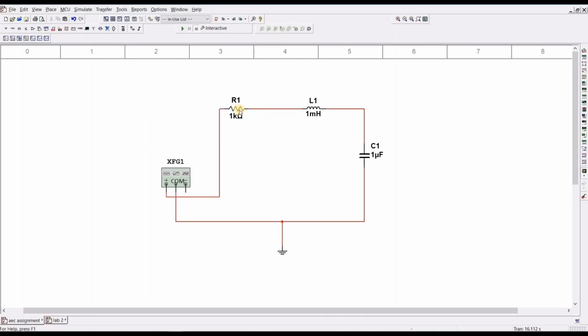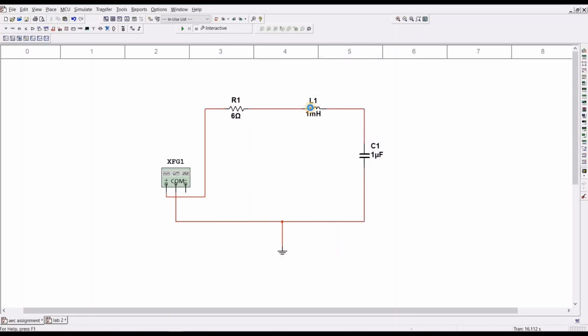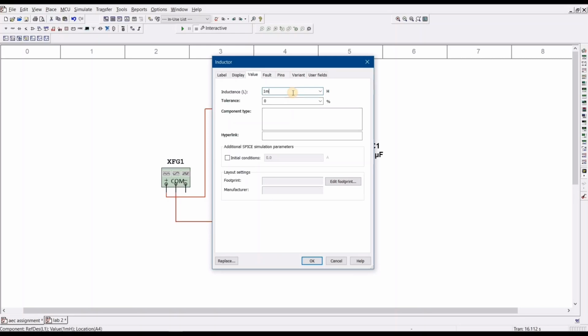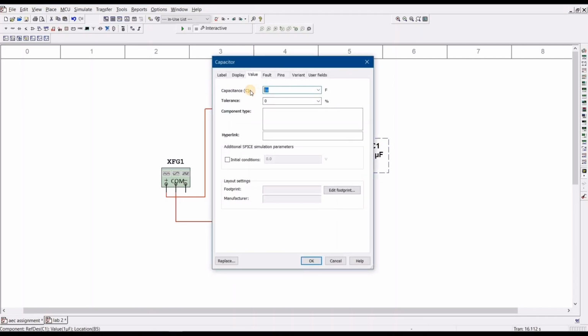Okay, let's set up our value for every component over here. So I want to use 6 ohm for the resistor, 1 Henry for the inductor, and 40 micro for the capacitor.